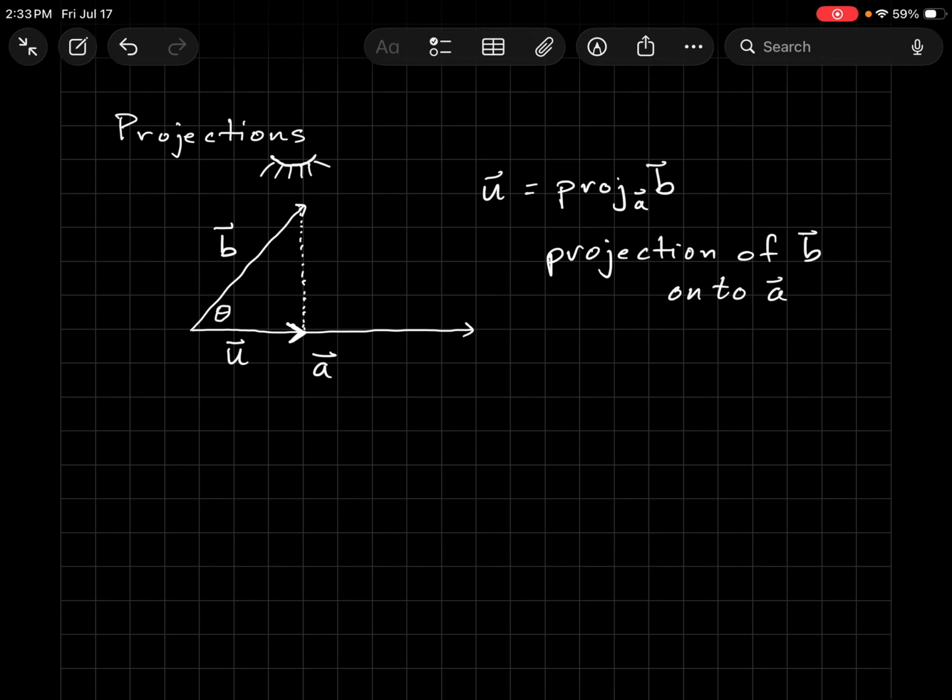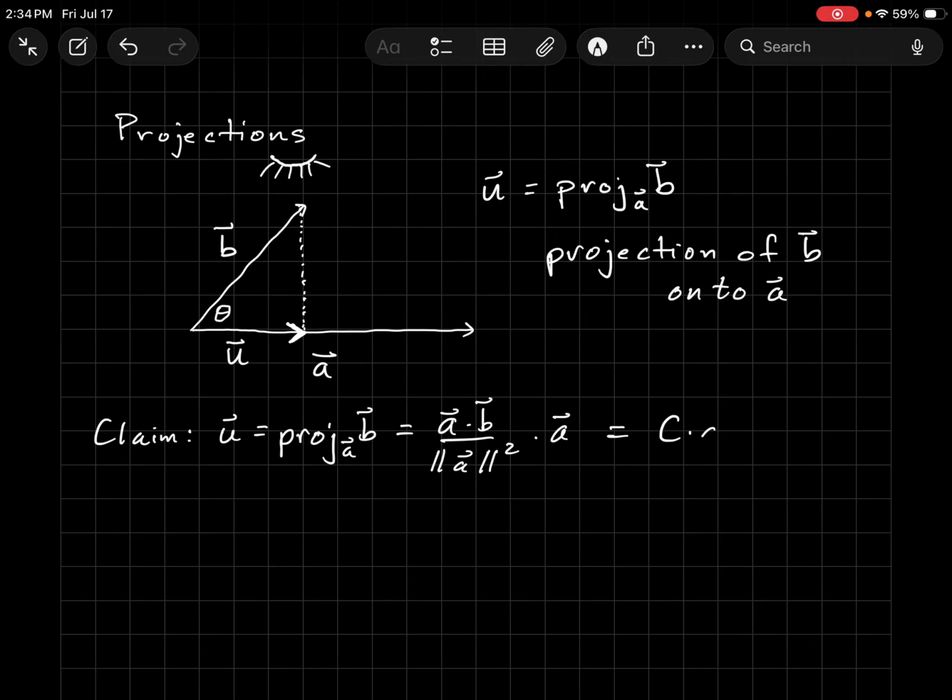Now, my claim is that this vector U, that is the projection of B onto A, is given by the following. It is A dot B over the magnitude of A squared times the vector A. So it's really some constant times the vector A. Of course it is.